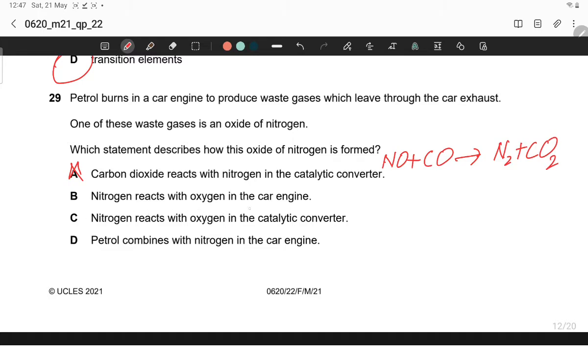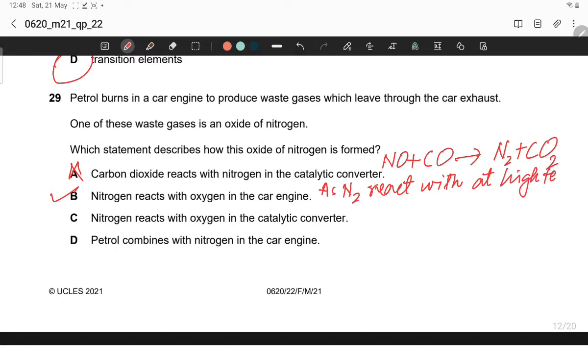Nitrogen reacts with oxygen in the car engine. Yes, this is correct, because nitrogen reacts with oxygen at high temperature.